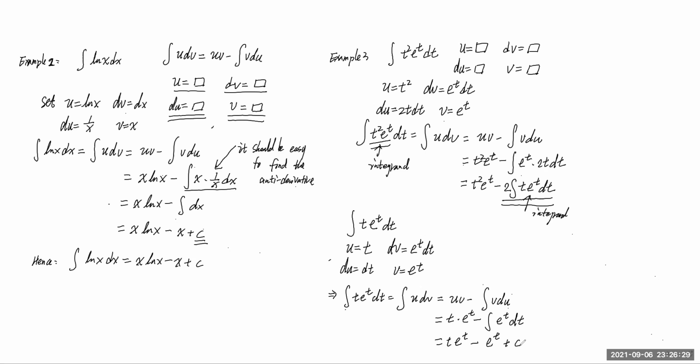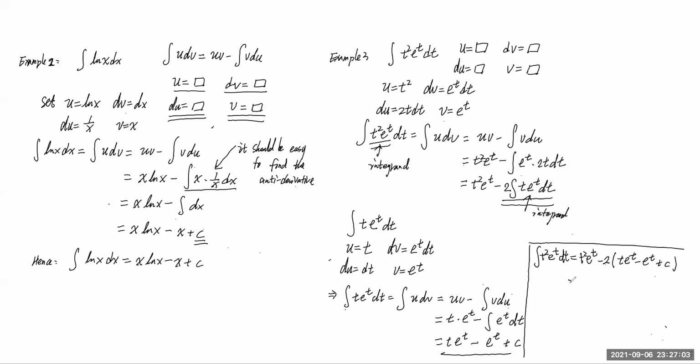Now we combine all the computation together. We get the integral of t squared e^t dt is t squared e^t minus 2 times the antiderivative of t e^t, which we computed here. This is t e^t minus e^t plus c.